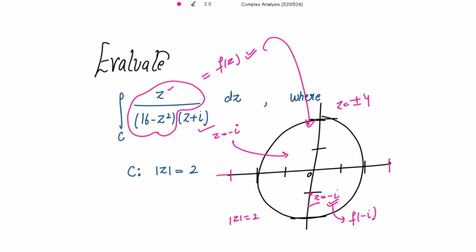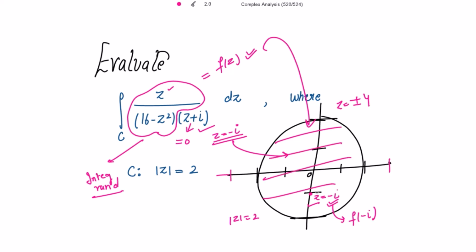Analytic means it is differentiable everywhere except at the point z = -i, because at this point we get this factor to be equal to 0. Then this complete integrand is not defined, right? When the denominator is equal to 0, the complete integrand will not be defined. So f(z) is analytic everywhere inside the circle except this point, right?